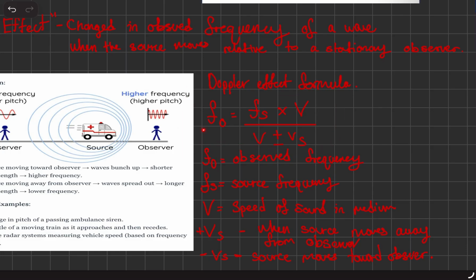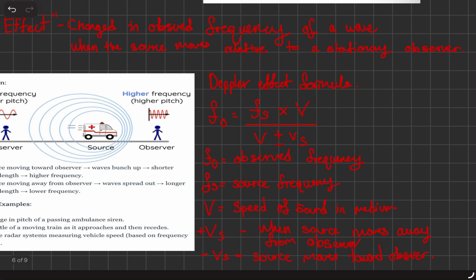So the f_o is the observed frequency. It's equal to the source frequency times the speed of the sound in the medium. The medium could be anything, but on Earth it's just 343 meters per second. And this is also the speed of sound in the medium again.